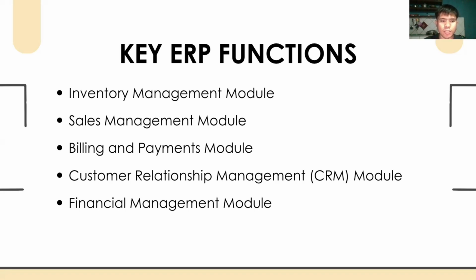The fourth one is the customer relation management module to manage the user feedback and user information for every transaction. Then the financial management module to calculate how much money they spend in buying the products.